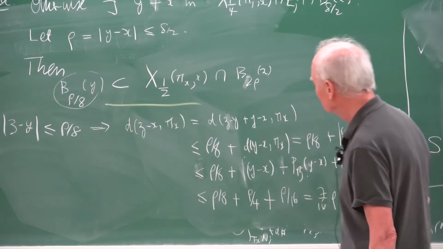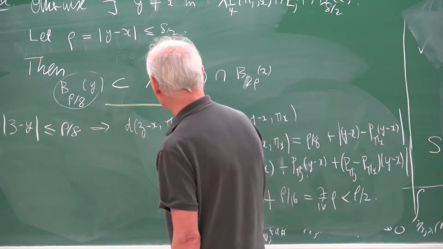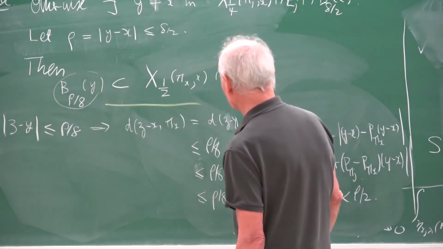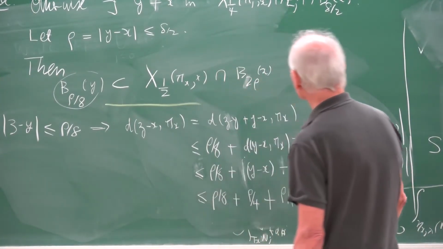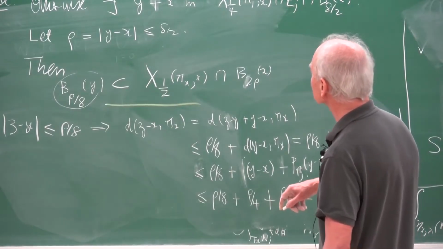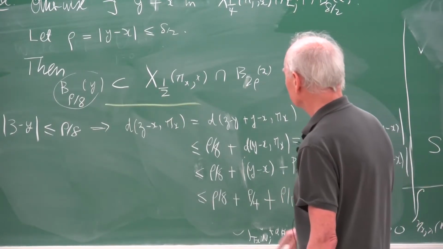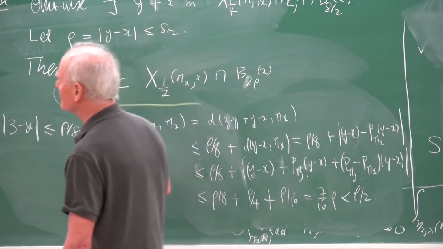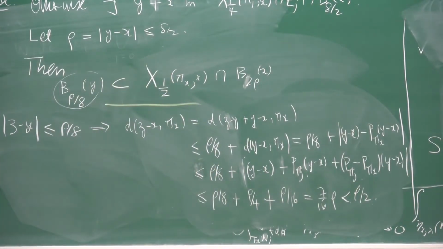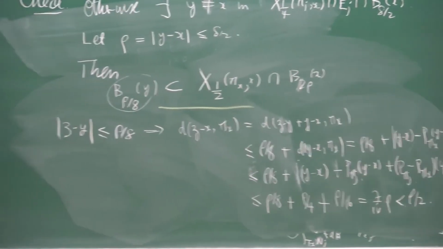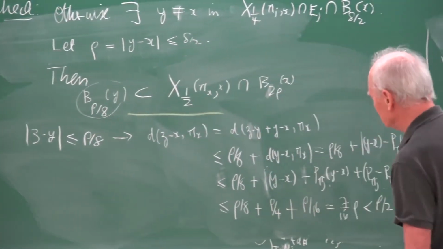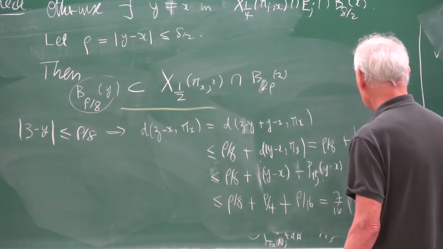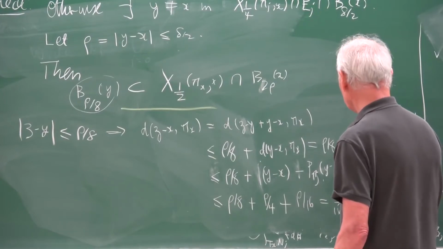There we are. So that exactly says that this is in the cone of less than 7/16 times rho. I still don't think I did that right. 7/16 times y minus x, right?